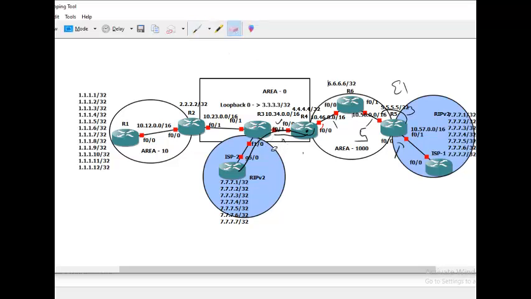Not only that router, if the cost is high, say for example because of some bandwidth, here the cost is 10, here the cost is 1, here the cost is 1. So even router 6, router 4, everything will go this way only, which is not good.